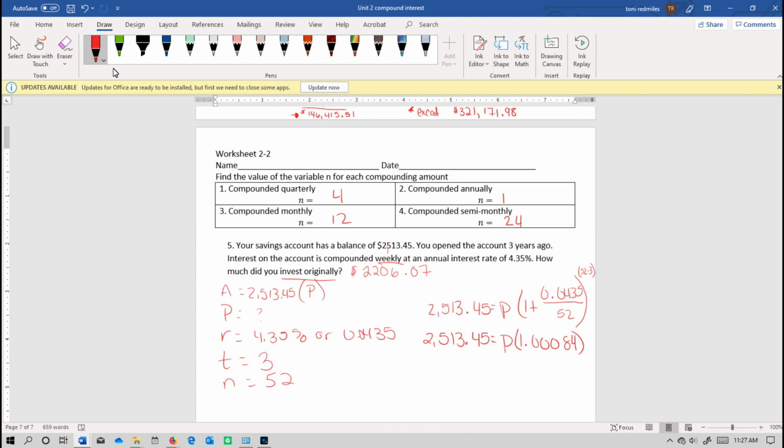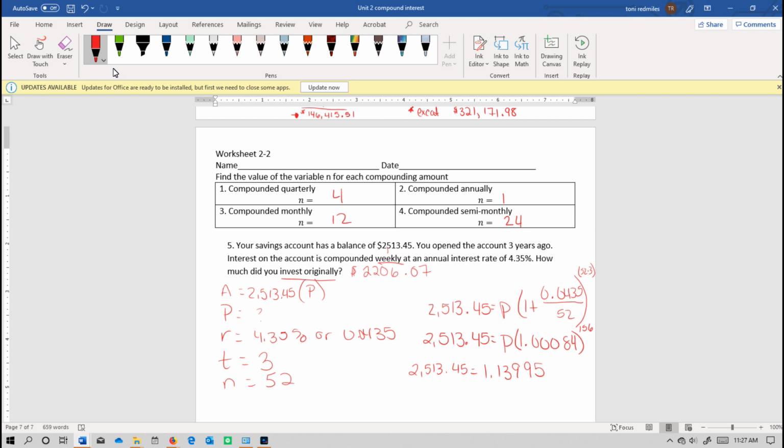I'm going to go ahead and multiply the 52 times the 3 so I know what my exponent is, which is 156. So now I'm going to take my 1.00084 and raise it to the 156th power. And I'm going to round this to the 5th decimal place.